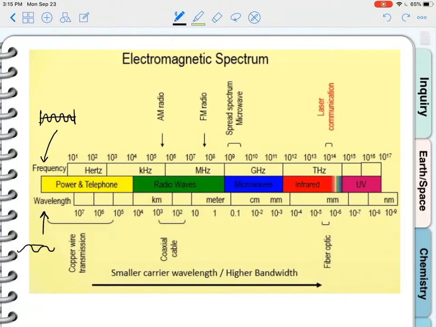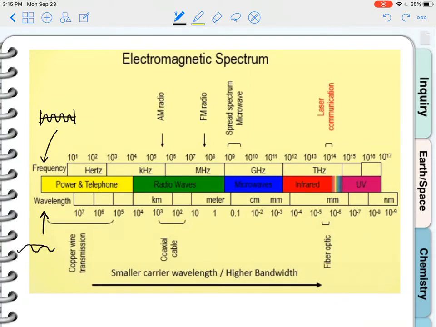If you look on page 98, you will see a section from about here up to here of the same spectrum. So you're seeing a little bit of a different view there. But the one in the textbook goes all the way up to gamma rays. And I like the one in the textbook because it shows you the length of the waves.